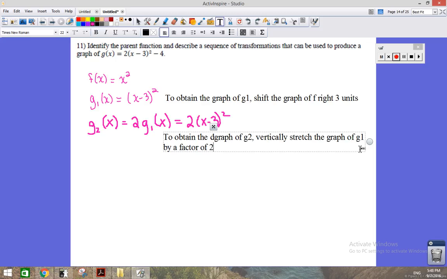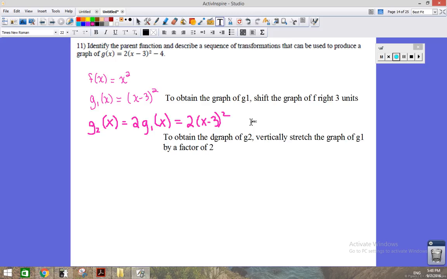And that's an important thing to recognize, that you're not constantly starting over with the parent function. The parent function is used in the first transformation, then that new graph is used in the second transformation, and then this graph will be used in the third. It builds on itself. All right.